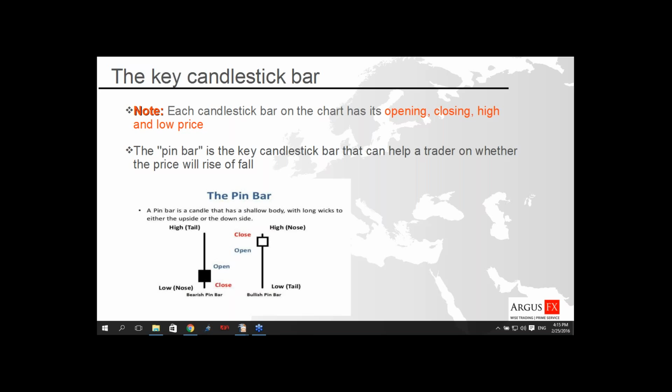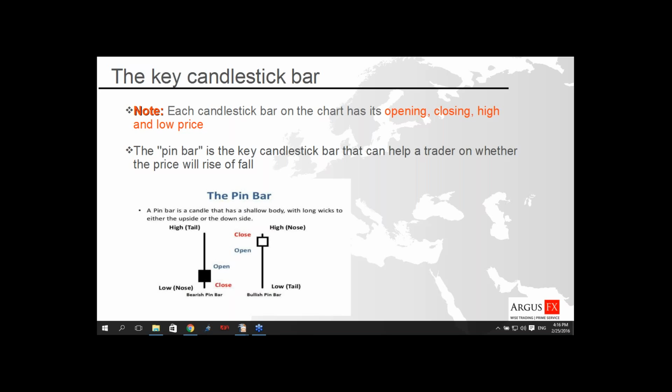So if you have on the chart an M30 time frame, every candlestick bar will record these four features for a period of 30 minutes, and so on for an H1, M15, and so on.